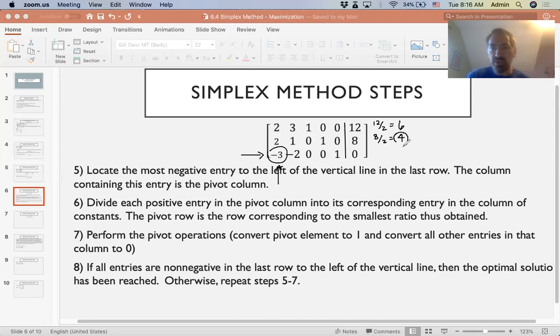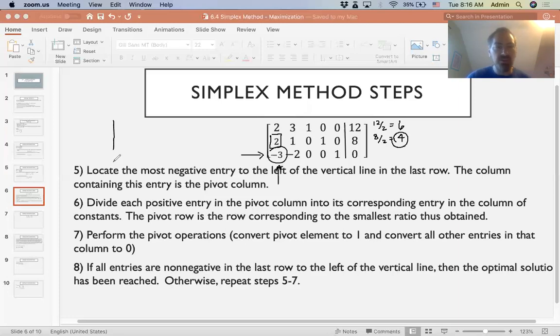Okay, so this is the smallest ratio between 6 and 4. 4 is the smallest. So I'm going to use this 2 as my pivot. Okay, now why am I using that? Why am I looking at the ratios and taking the smallest ratio? All right, well, these numbers are the x-intercepts, right?